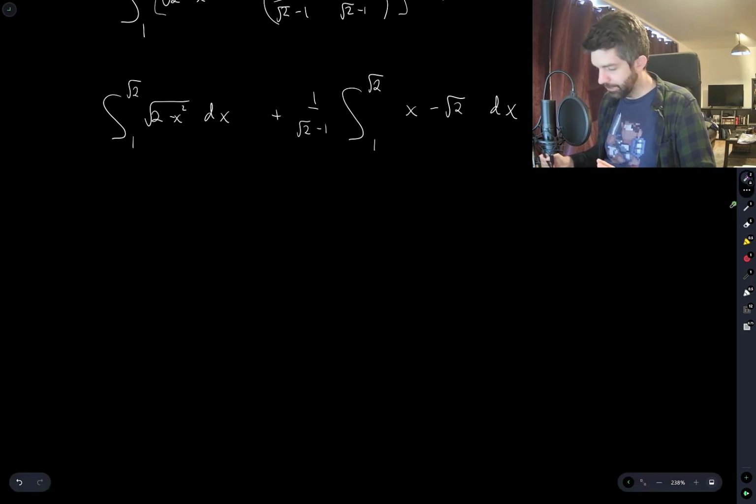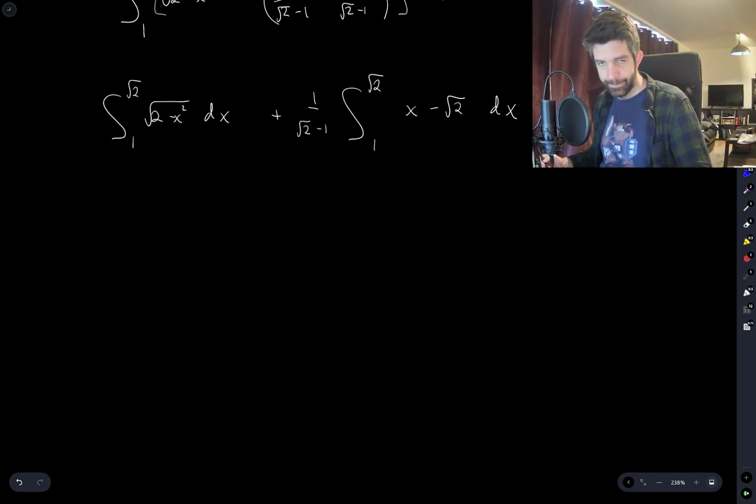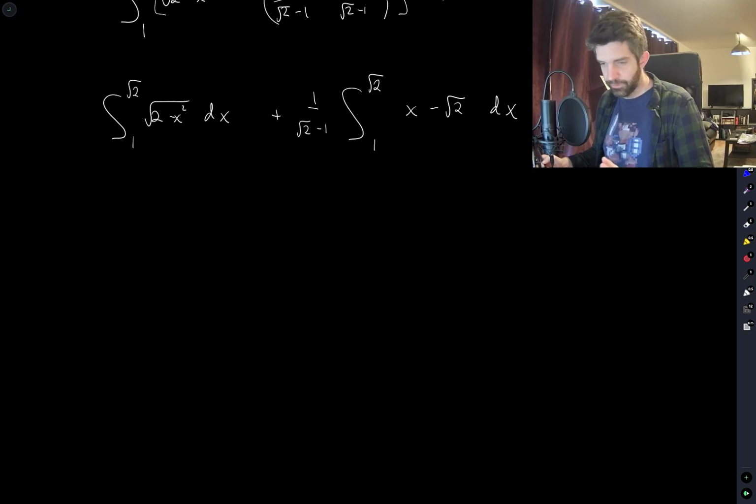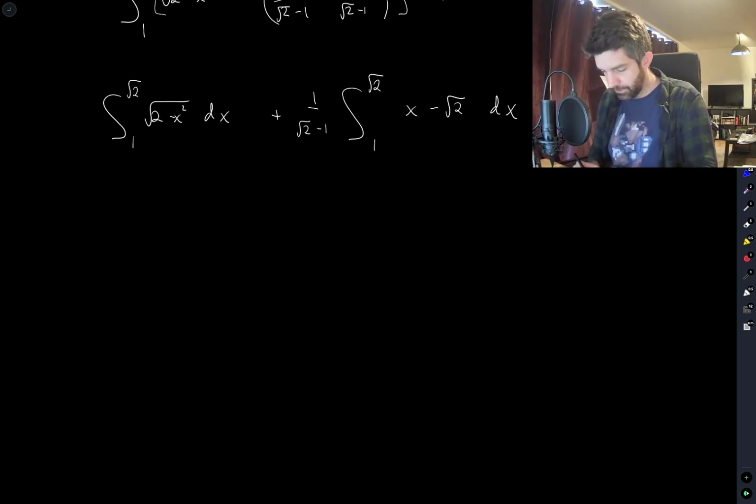Based on what's written here so far, I suspect the answer is B, because it looks like we have a mixture of trigonometric and polynomial integrands. But I'm just going to go through the computation and see what happens.